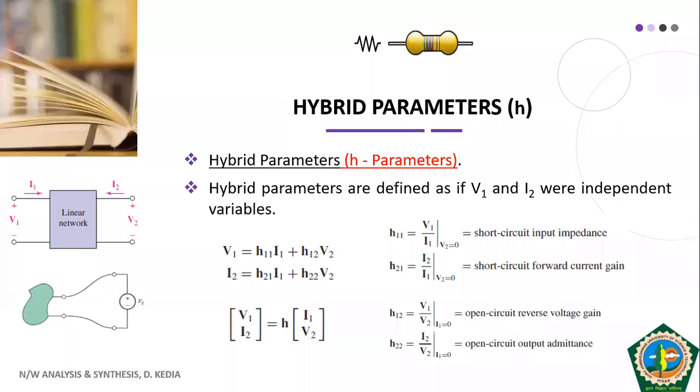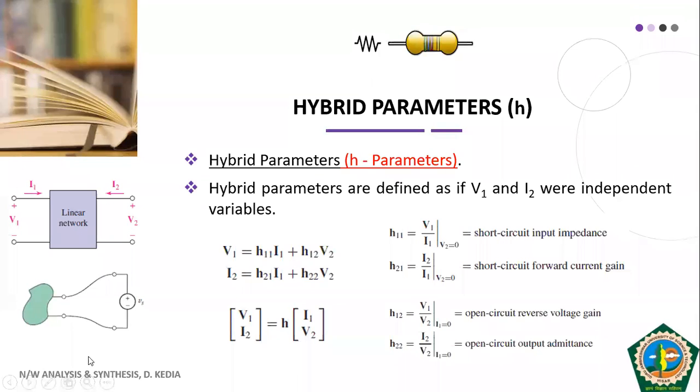Whereas in case of hybrid parameters, we have hybrid quantities, or you can say different quantities. So H parameters is a set of heterogeneous quantities. That's why we call it hybrid parameters. Fine. This is one thing that you need to understand here.